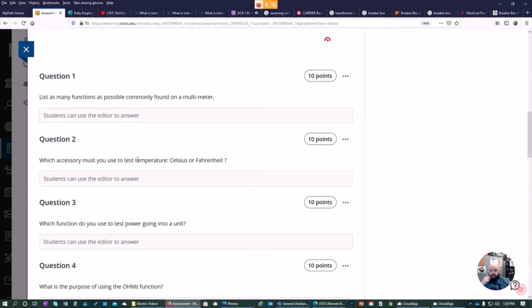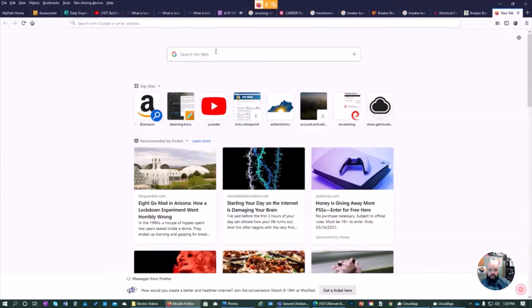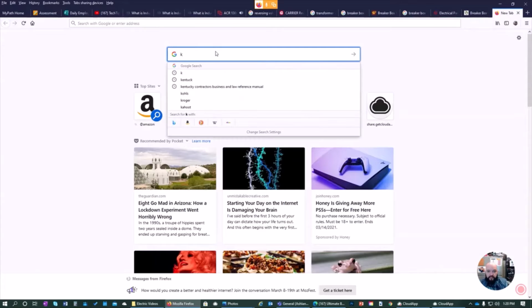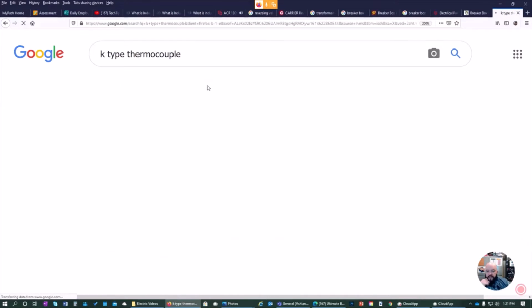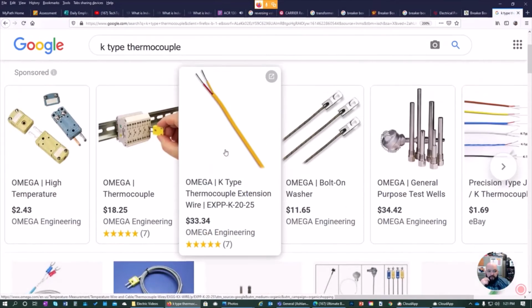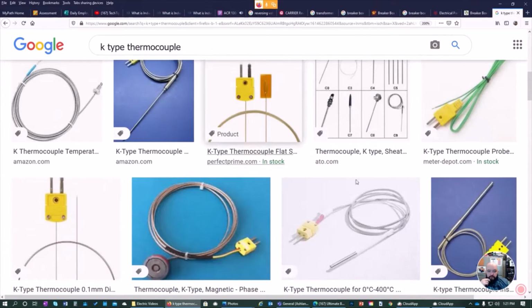Which accessory must you use to test temperature? They're always called thermocouples, and they're K-type thermocouples. So for example, if you just type in K-type thermocouple, you find them in all kinds of different styles. The most common one is just a little yellow wire with the K-type adapter.